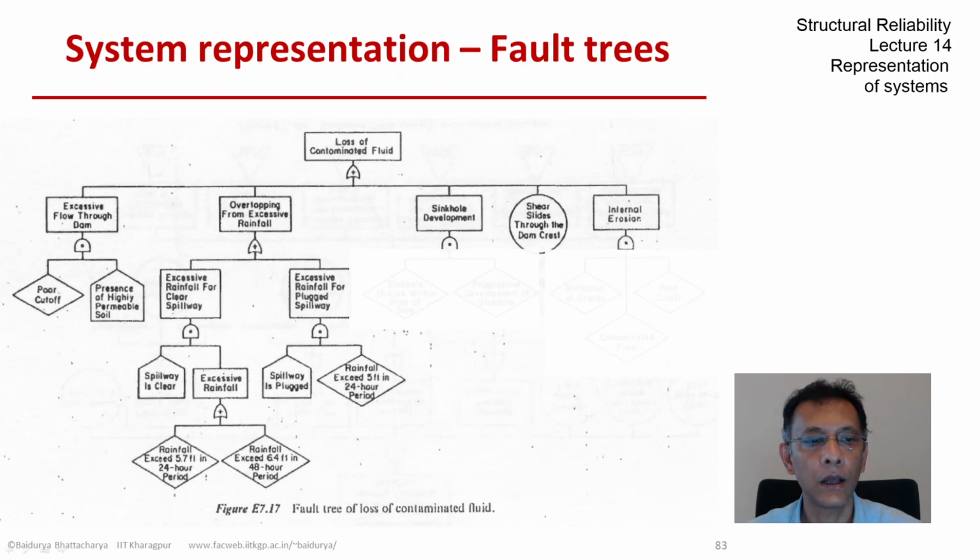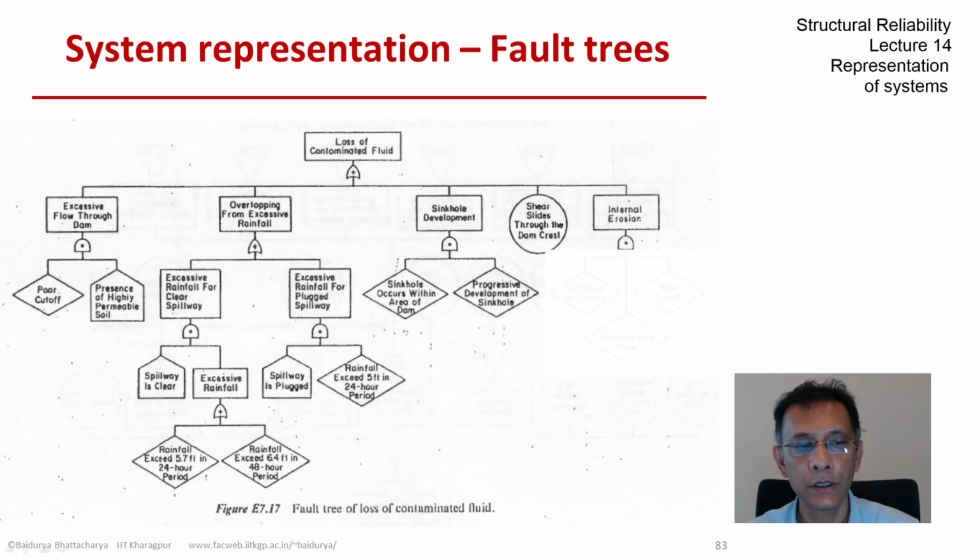down and down until we reach a set of undeveloped events, a set of diamonds, or a house and a diamond, so that no further development is necessary. For the sinkhole, the third failure mode, we have 2 diamonds, so no further development is necessary.